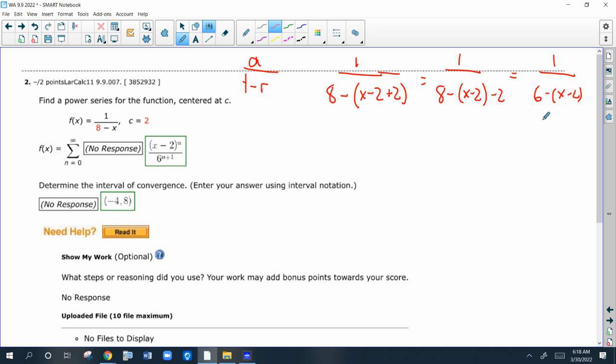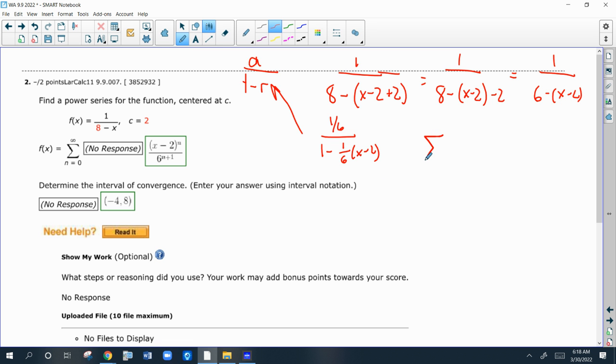So I need this number right here to be a 1, so I'm going to divide everything by 6. That changes my a, obviously. So now I'm ready to go. This is in the form of a sum of a geometric series.